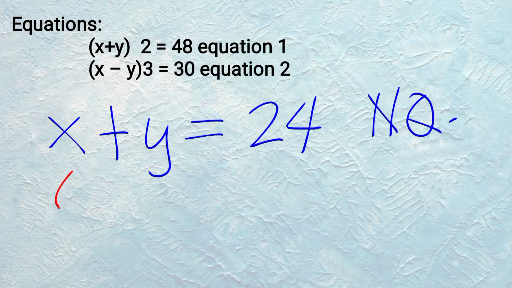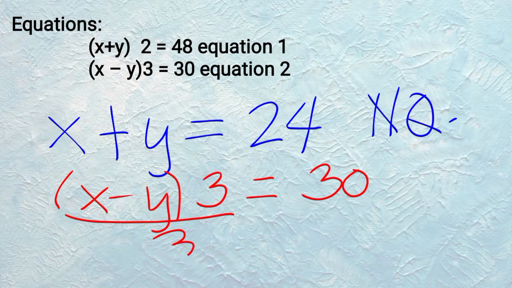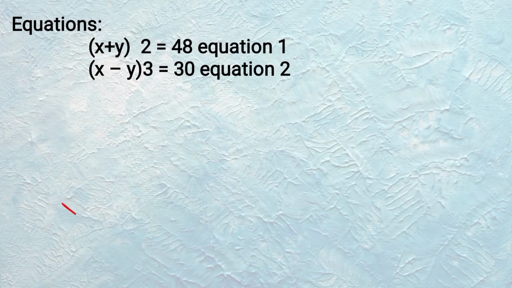It is the same for equation number 2. Here, we do not distribute the 3, the time, to the rate. We divide both sides by 3 to make it short. 3 divided by 3 is 1, so we have x minus y equals 10.